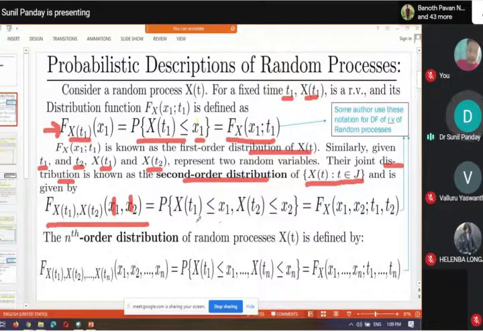And it is always the intersection of these two events: xt1 is less than equals to small x1 and xt2 is less than equals to small x2. This comma stands for intersection.